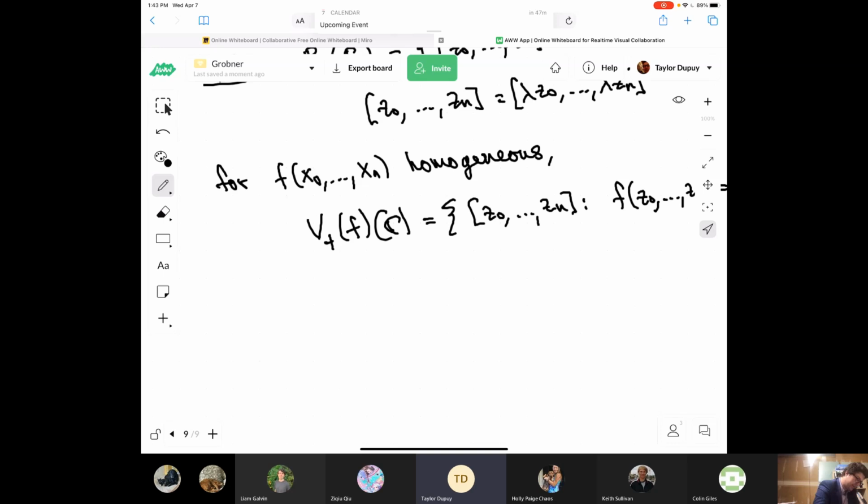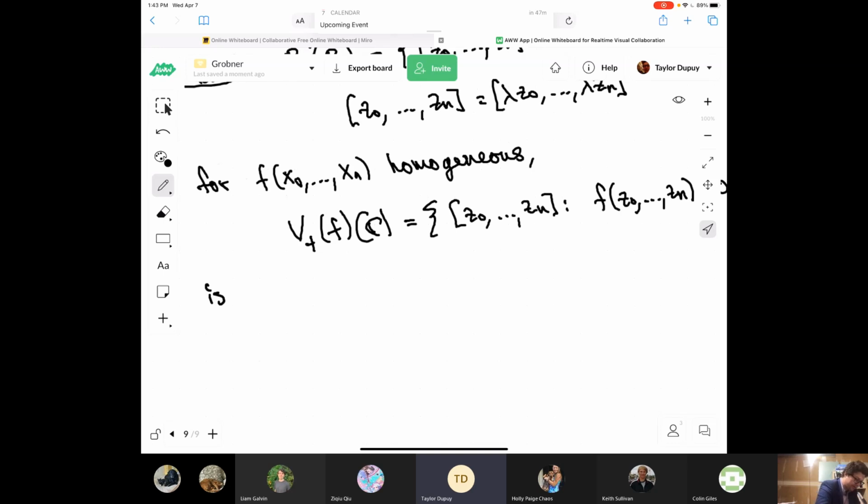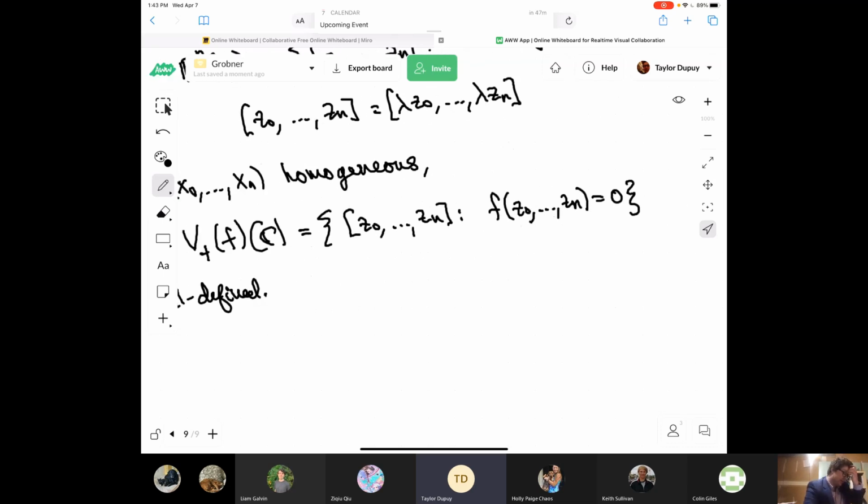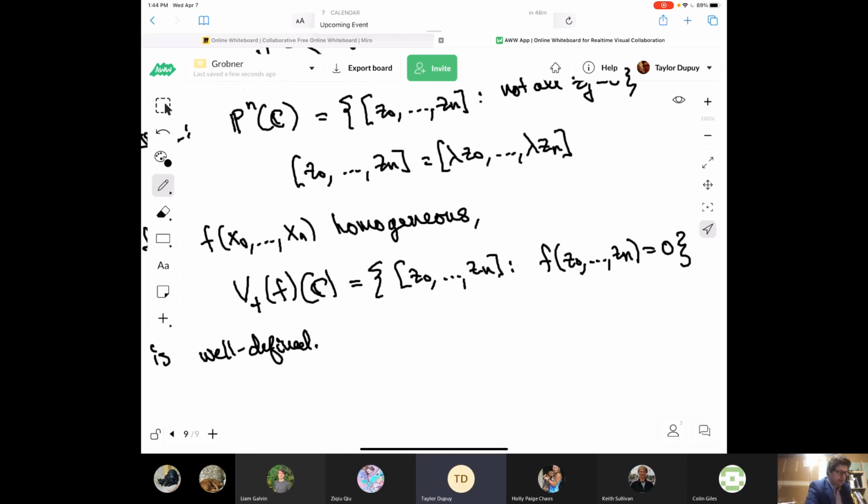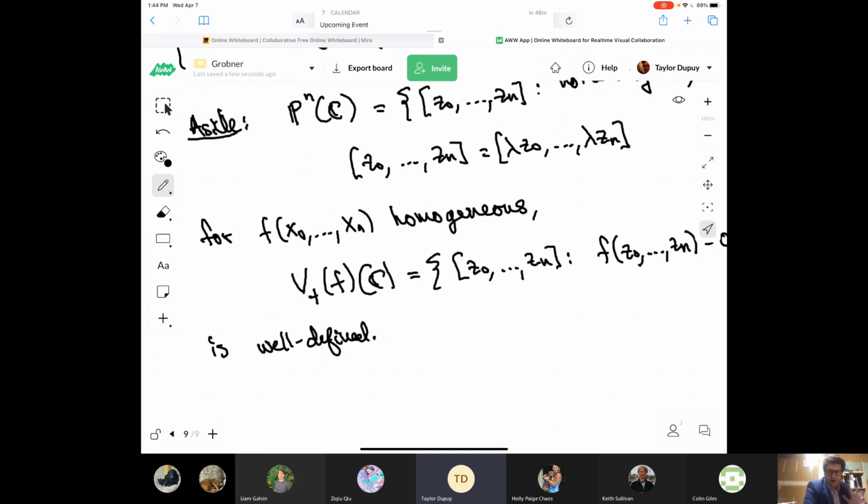This is well defined. So when you take homogeneous elements, you can look at their zero sets in projective space, and this gives you compact versions of algebraic varieties.